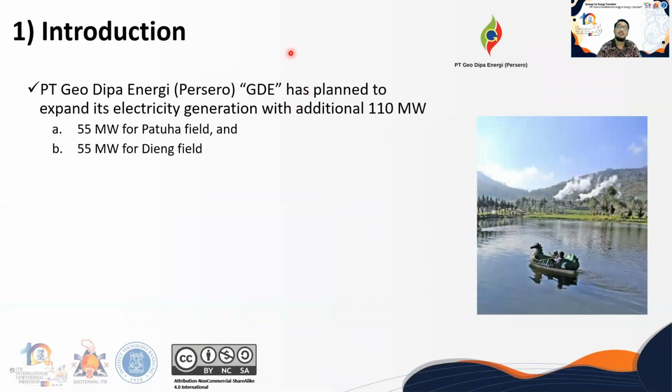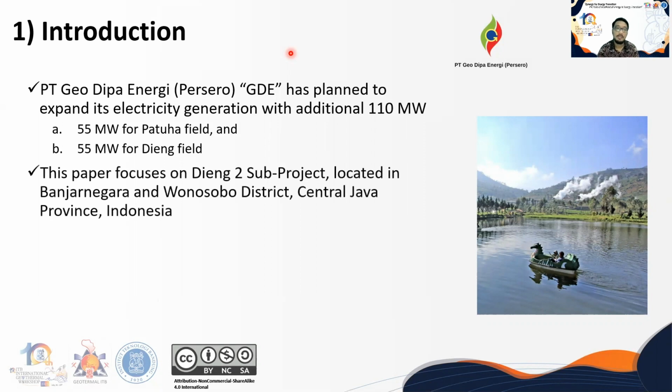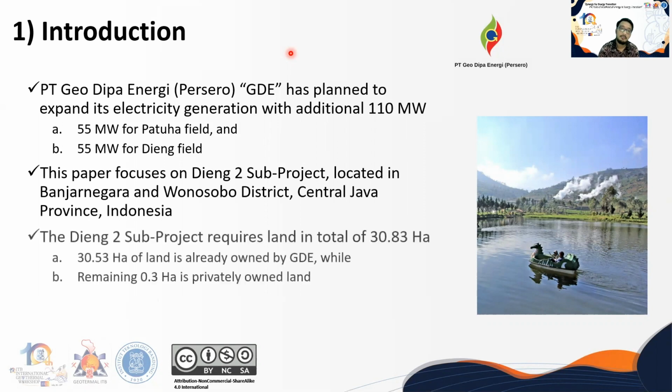Here's the intro. Geodipa Energy, GDE, has planned to expand its electricity generation by another 110 megawatts, 55 megawatts each for the Patuha and Dieng geothermal fields. So this paper will focus on the Dieng 2 sub-project located in Banjarnegara and Wonosobo District, Central Java Province, Indonesia.